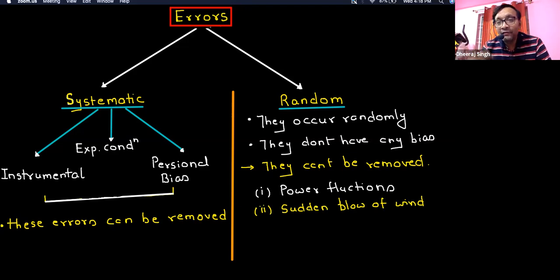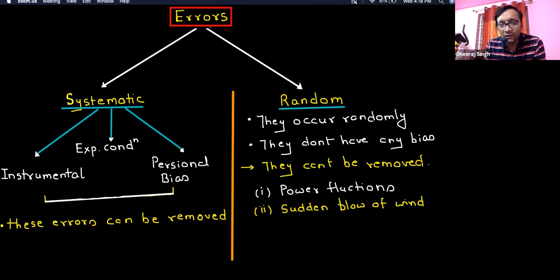And I'll give you one more interesting example is the wind from the fan. Okay, wind from the fan doesn't have any preferred direction. It can't go from, let's say, every time left to right or right to left. So it is totally random. Okay, so suppose you cannot conduct experiment without fan.